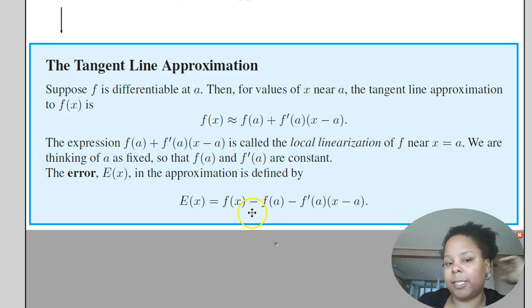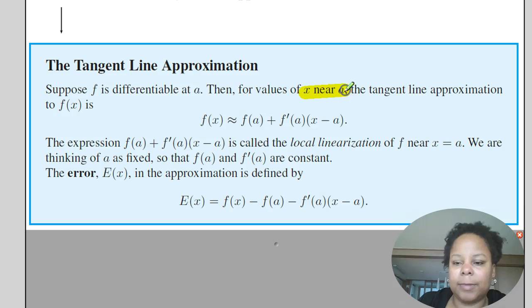So if I have a function that's differentiable at a point a, then for values of x near a, and that's important that we know that it's only near a, then the tangent line approximation of f of x is the tangent line, which can be written as f of a plus f prime of a times x minus a, where this is the equation of a line, and the slope of the line is basically the derivative of the function at the point.